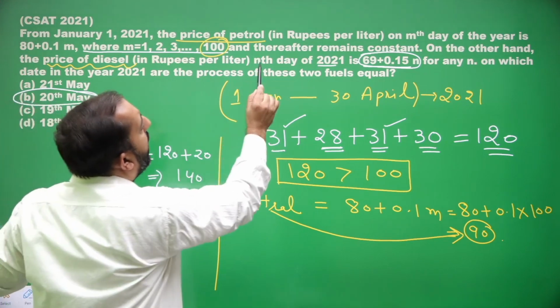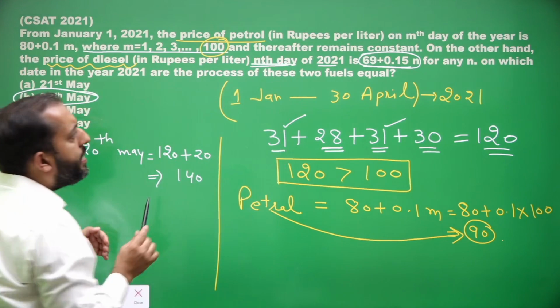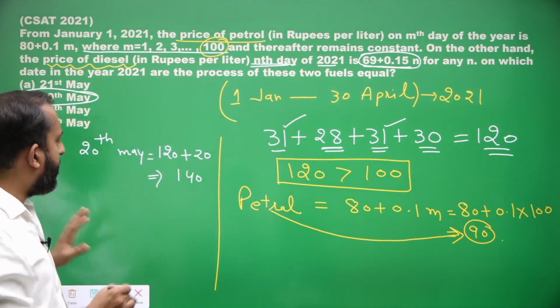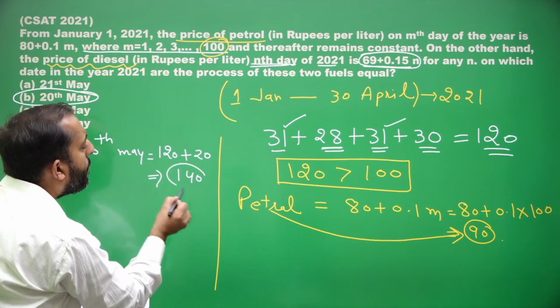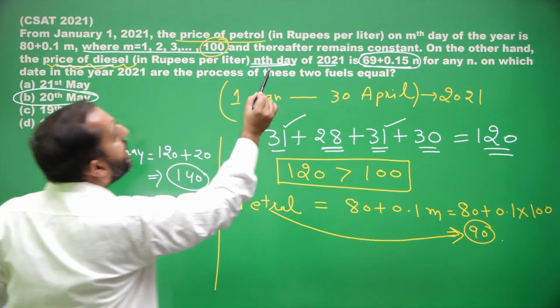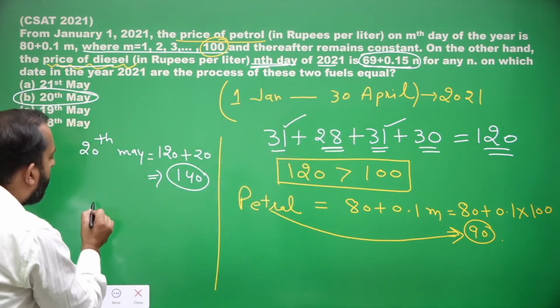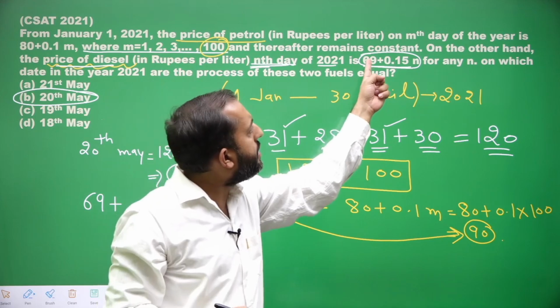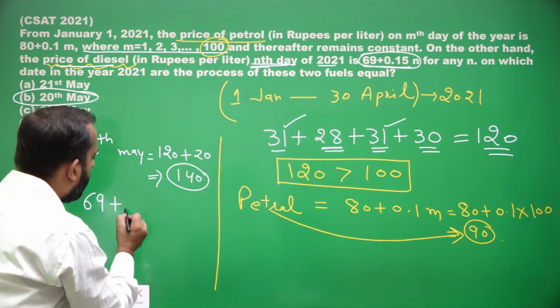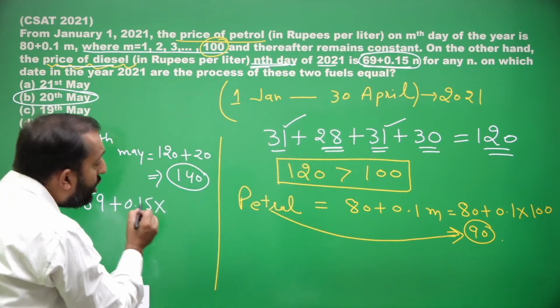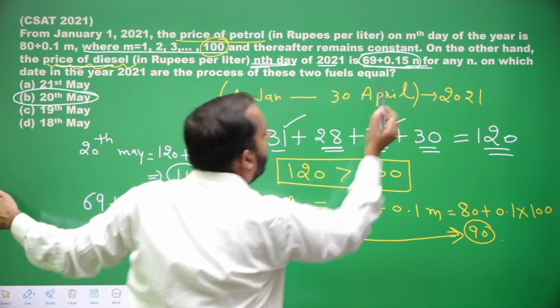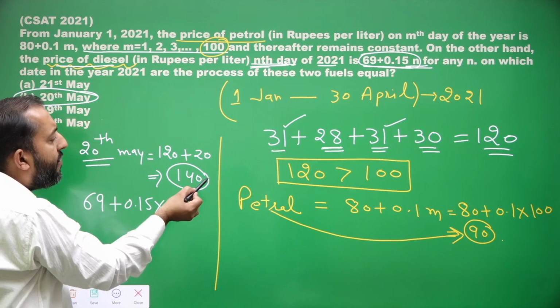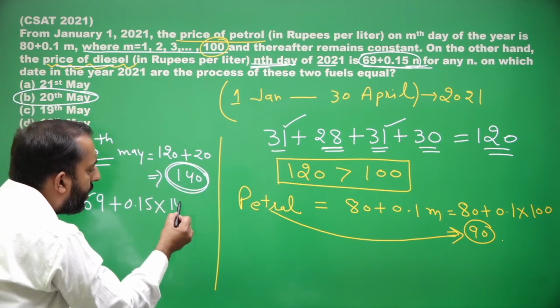Now, what does N represent here? N represents the nth day of 2021. So let's talk about the price of diesel on the nth day of 2021. It is going to be 69 plus 0.15 into the value of N. For this 20th May, the value of N is going to be 140.